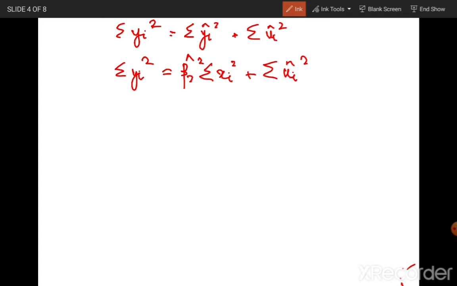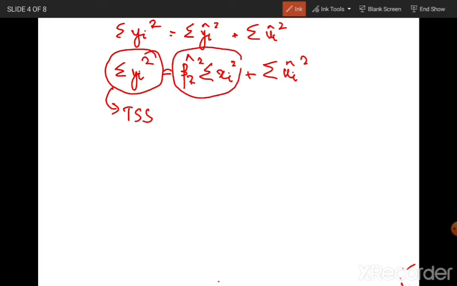Now this term summation yi square is the variation in observed yi. I'm calling it the total sum of squares, right? Summation yi hat square, which can also be written as beta 2 hat square summation xi square, this is my explained sum of squares. In other words, it is how much of the variations in observed yi is being explained by variations in xi, or the independent variable.